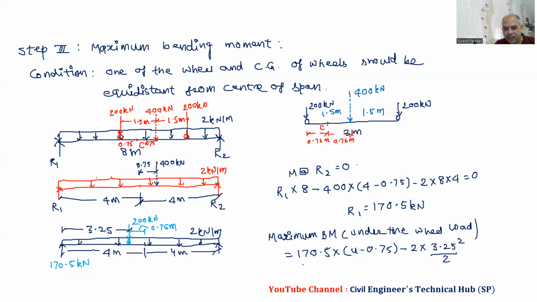And then we will get this value equal to 543.56 kilonewton meter. So this is my maximum bending moment, and this we have to use to design this section.